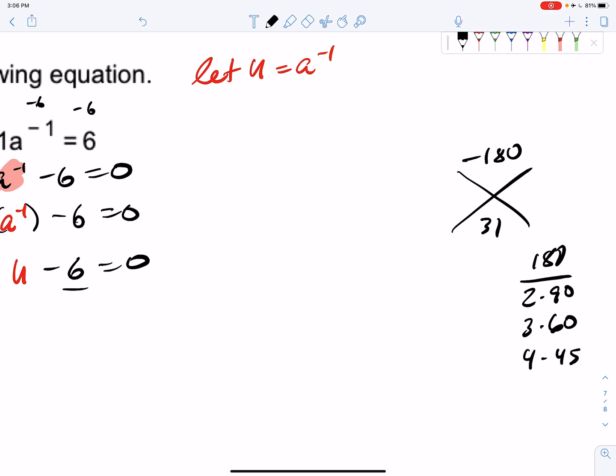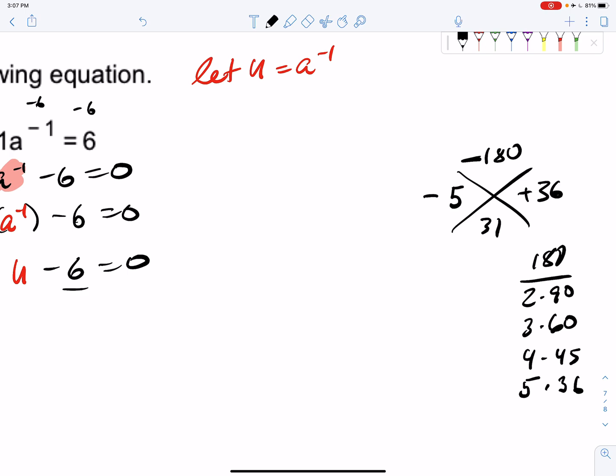Let's see, if it's going to multiply to a negative, I've got to multiply a negative times a positive, so I've got to subtract these two numbers. 5 times 36. Ah, there it is. So 36 is the positive and 5 is the negative. That multiplies to negative 180 and adds to positive 31.